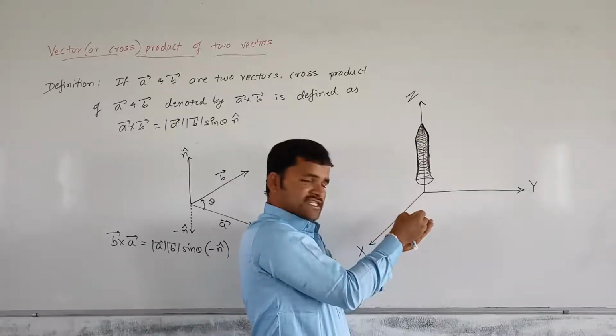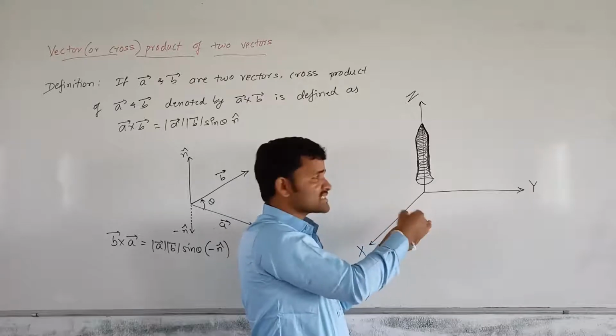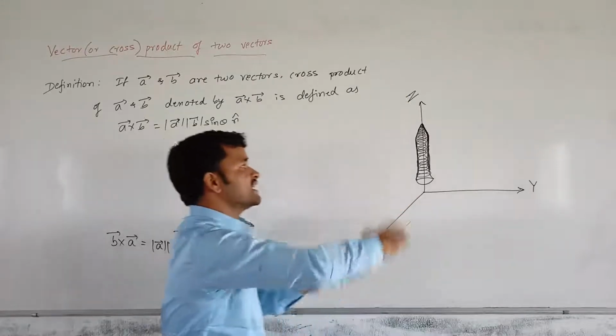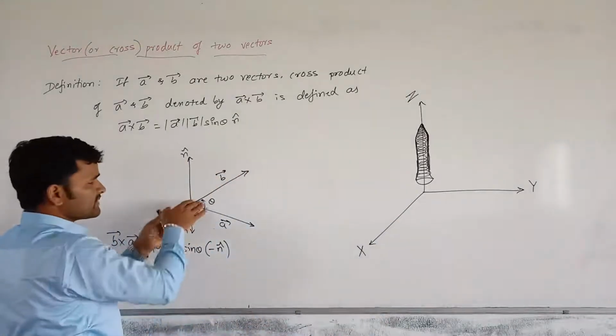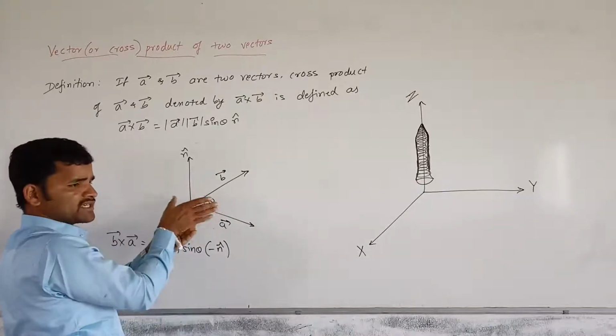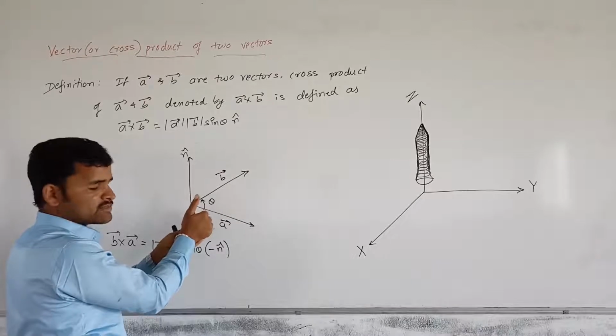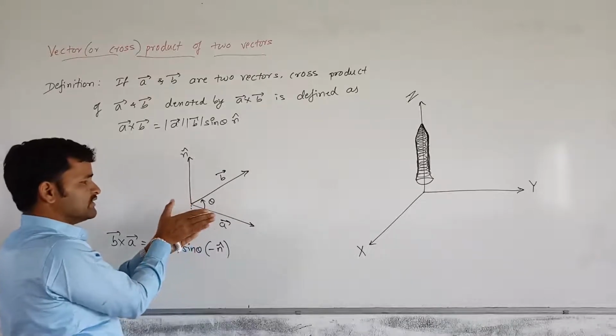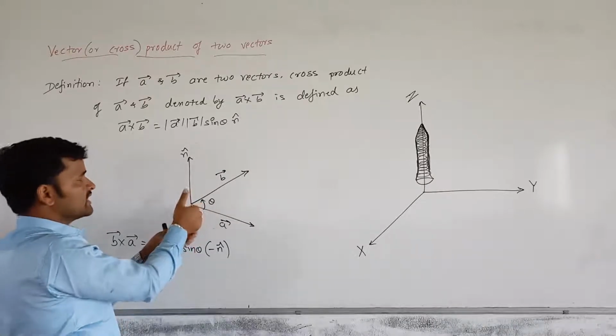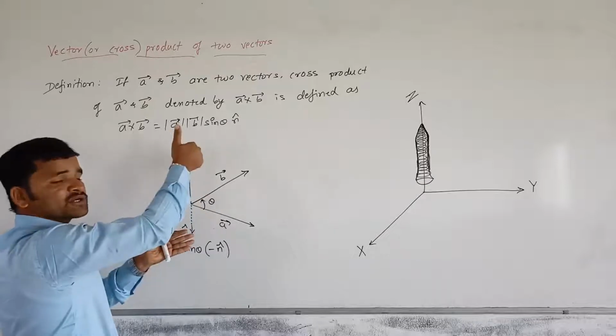If x and y are working like this, it will be moving along the z axis. That means if A and B are working here, according to the right-handed system also we can explain this. If A cross B is working here, then this n cap will be going up.